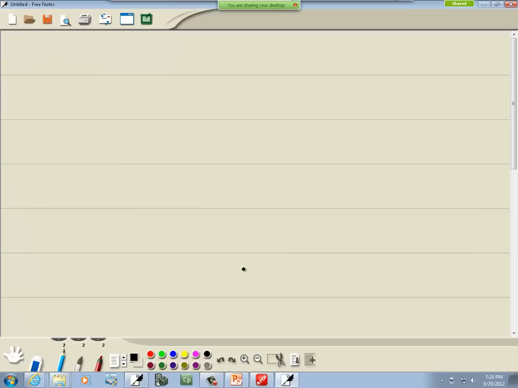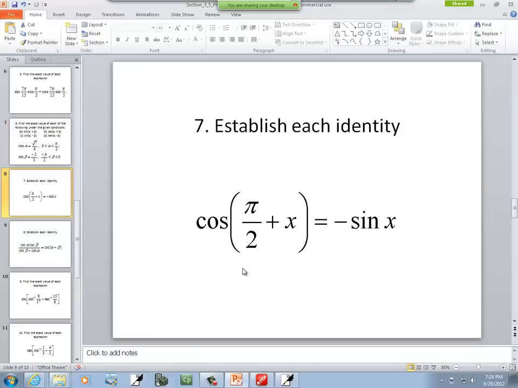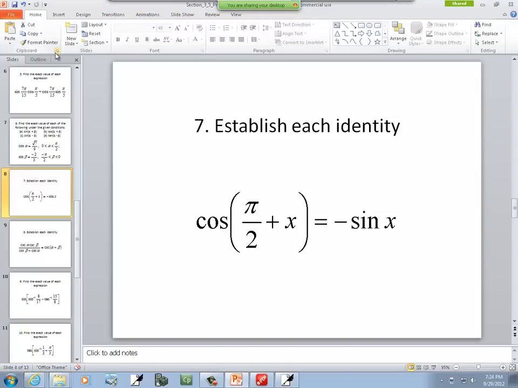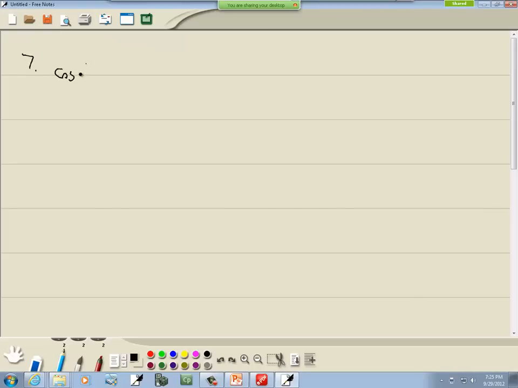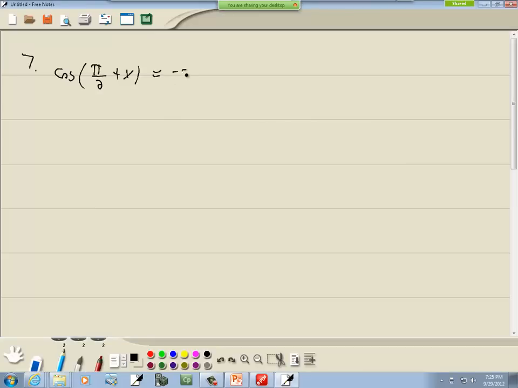Let's look at our next problem. It says establish this identity. So we've got cosine of pi half plus x is equal to negative sine x. Well, we're going to start with this side and work with that.